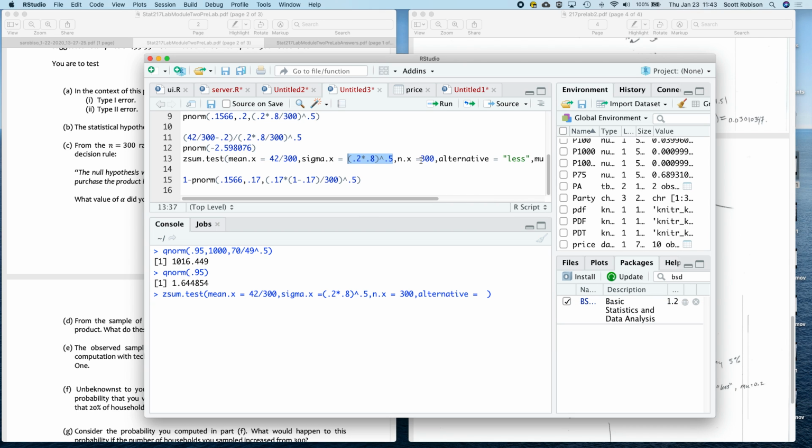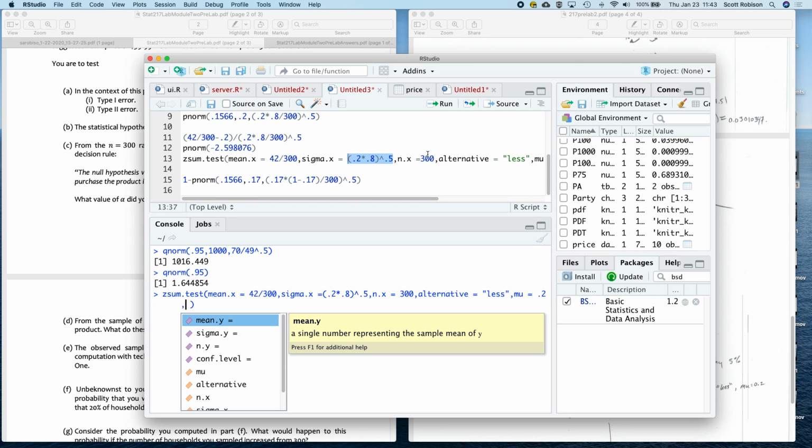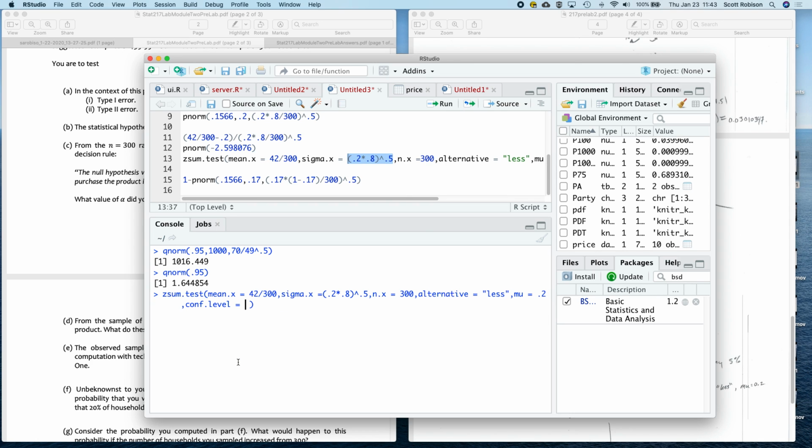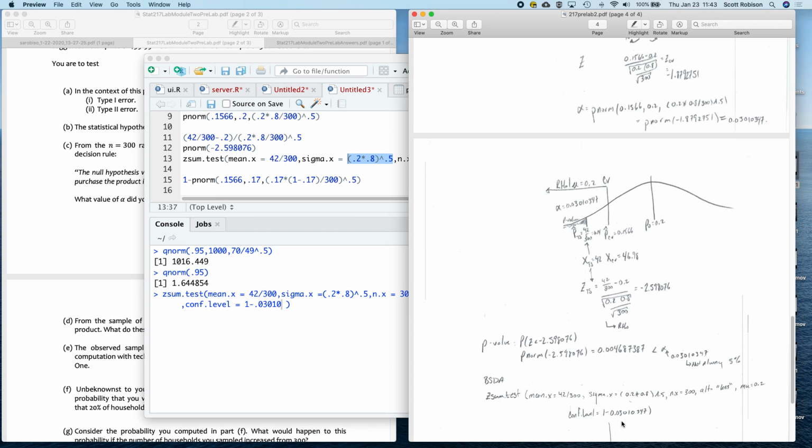The alternative sign was the lower tail, or the less than sign, and the hypothesized proportion was 0.2. And you could put in here the confidence level, which is 1 minus alpha. So here we found that alpha was actually 0.03010, not quite sure, but we found alpha to not be 5%. We found it to be around 3%.